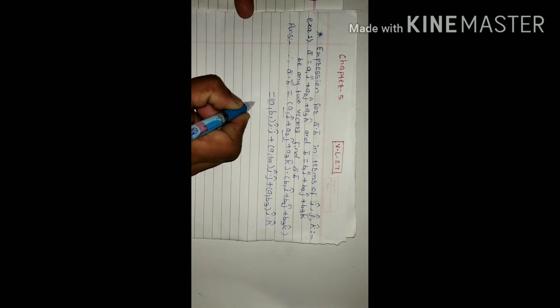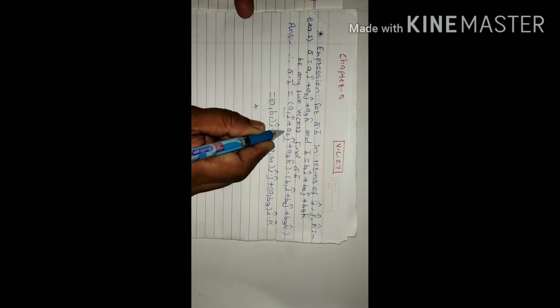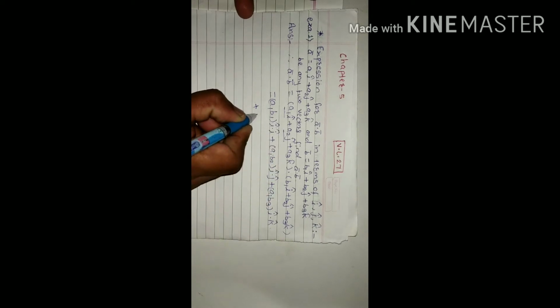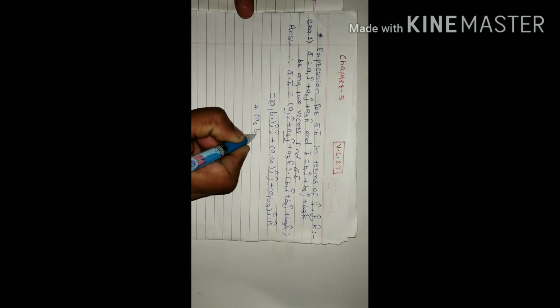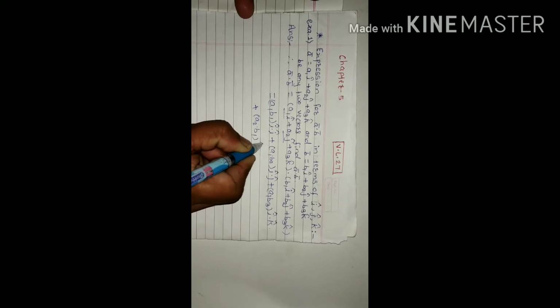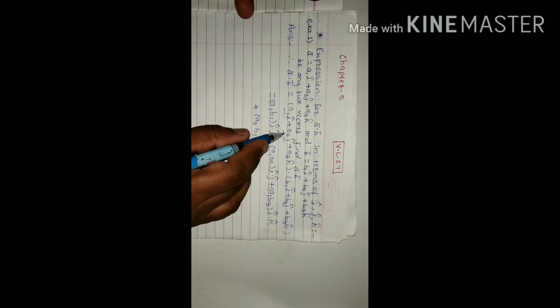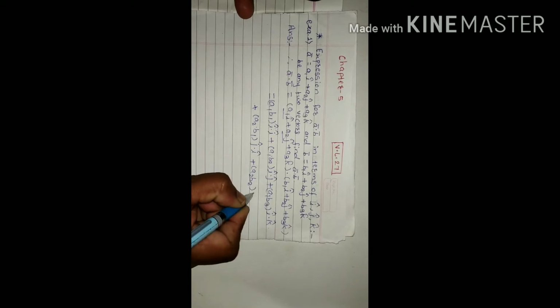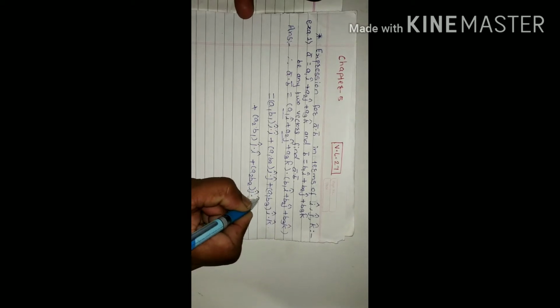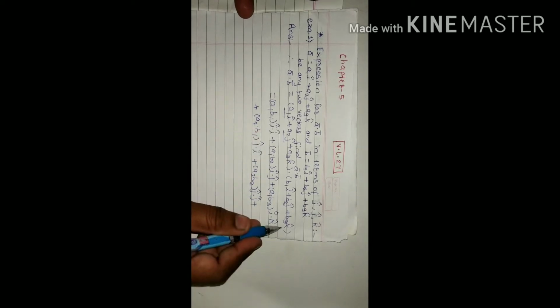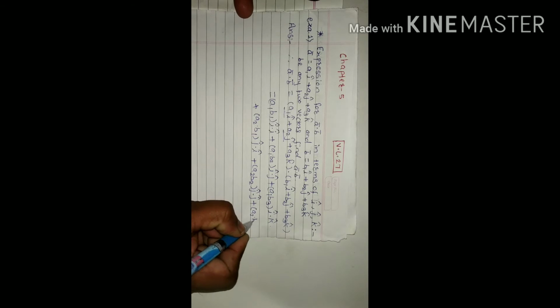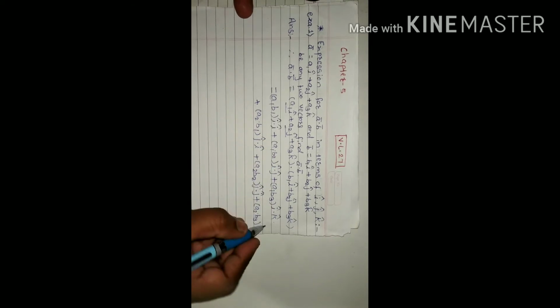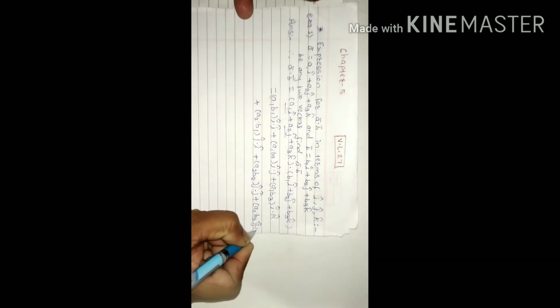Then we multiply the second term, then we write plus a2 into b1 j cap dot i cap, then plus a2 into b2 j cap dot j cap, then plus a2 into b3 j cap dot k cap.